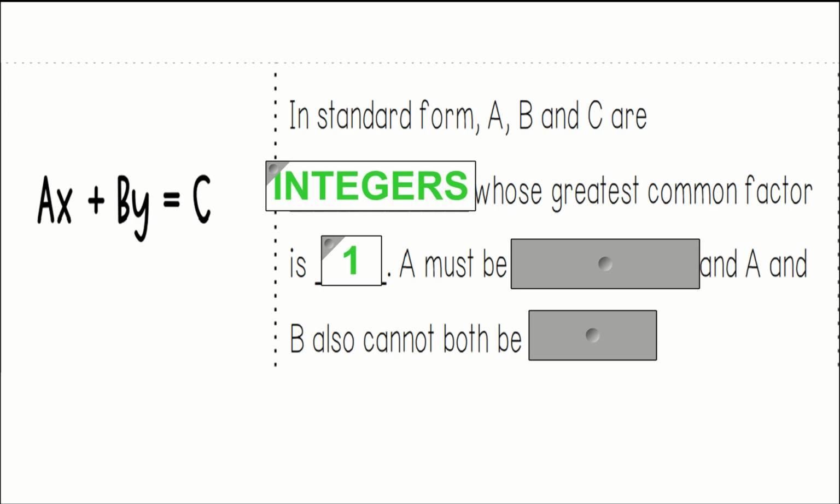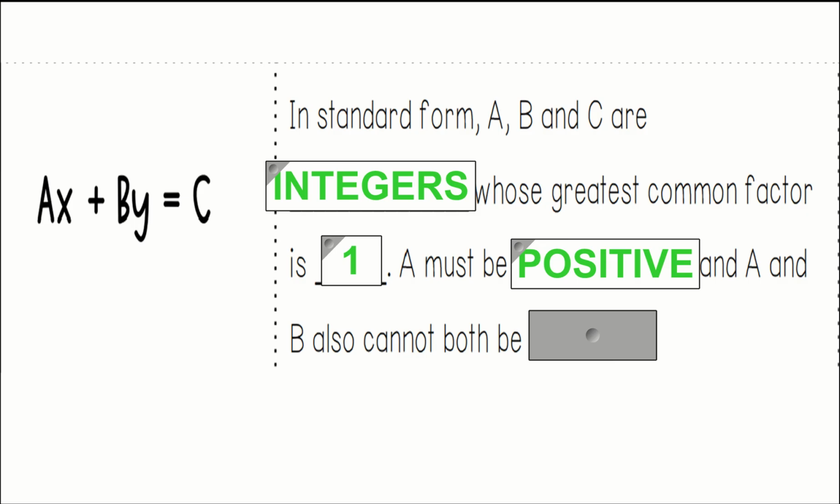I can 100% guarantee you are going to see problems, though, where it looks like standard form otherwise, where you will need to simplify them, okay? True standard form is already simplified as far as it can go. In terms of what we do in math class, you're going to see things that look like standard form where they might be able to factor out something else. That makes sense? And then A must be positive.